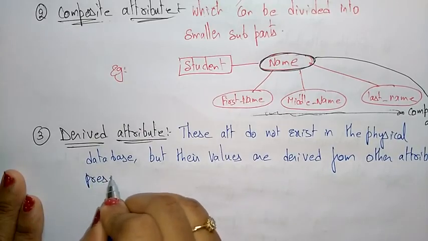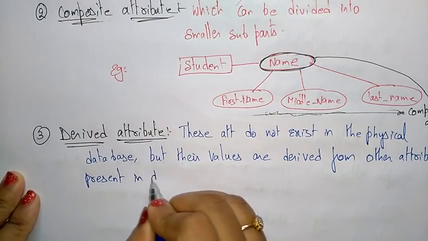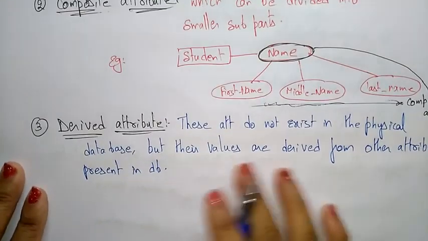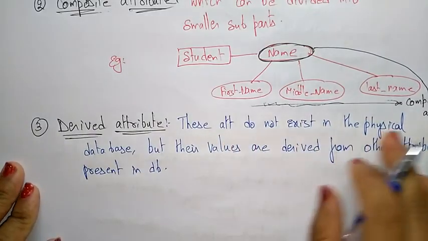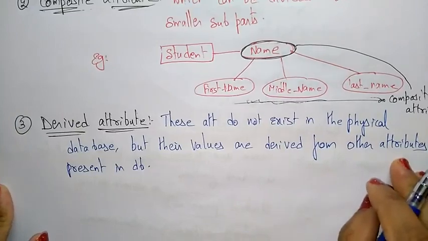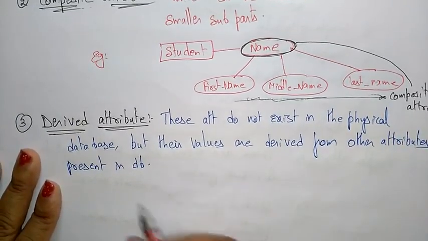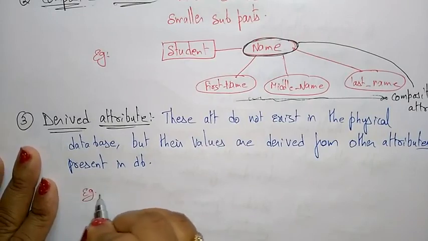So with the help of other attributes, the values can be derived.